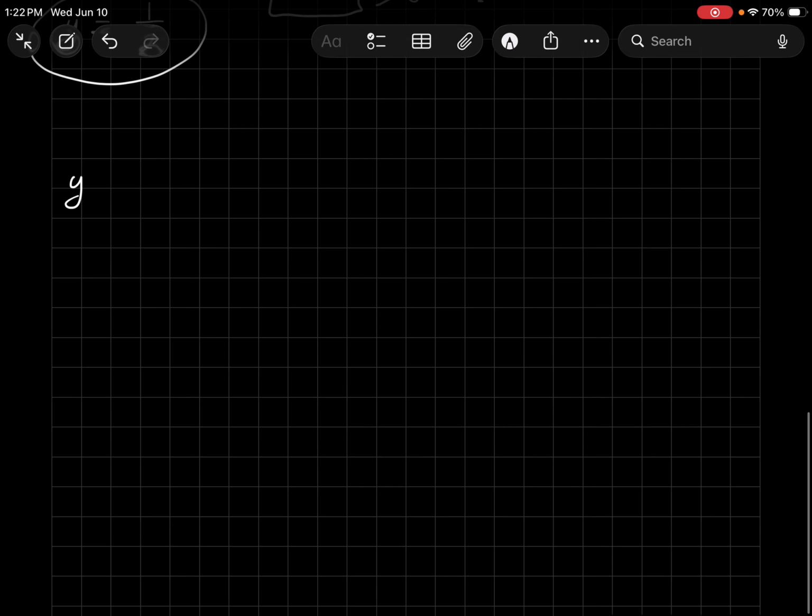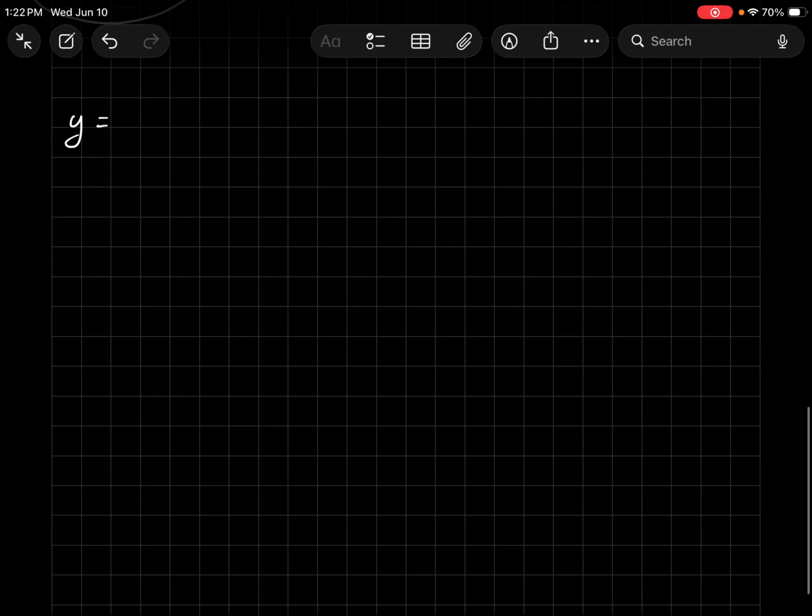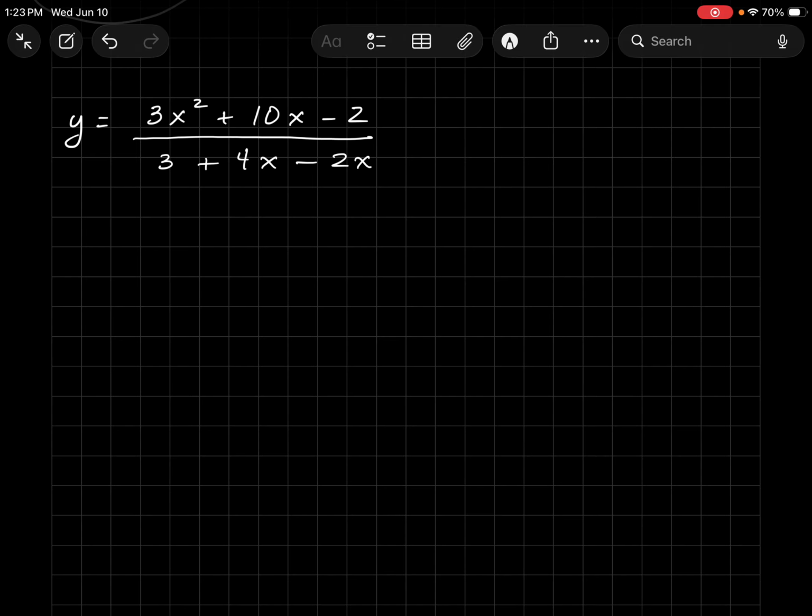Let's take a look at another rational function. Let's consider y equals, say, 3x squared plus 10x minus 2 over, let's say, 3 plus 4x minus 2x squared. And we want to find the horizontal asymptote, which I will call HA. I know that the horizontal asymptote will occur, if there is one, when x goes to infinity.